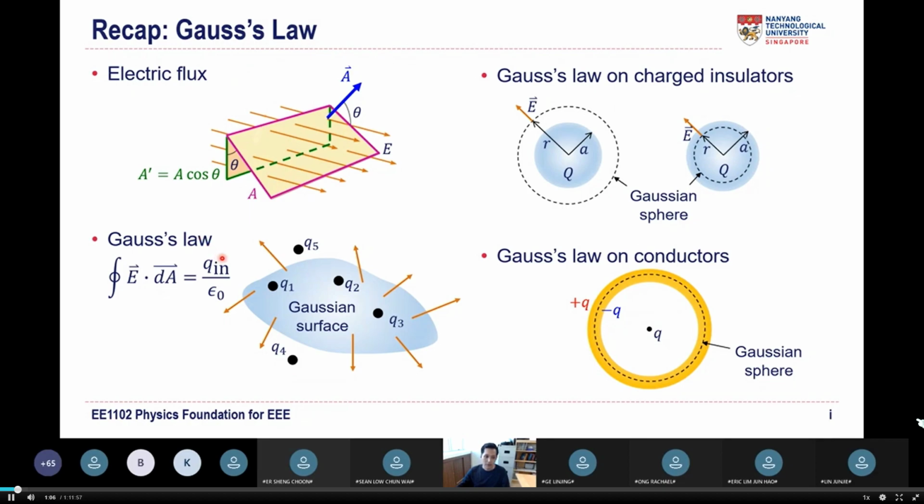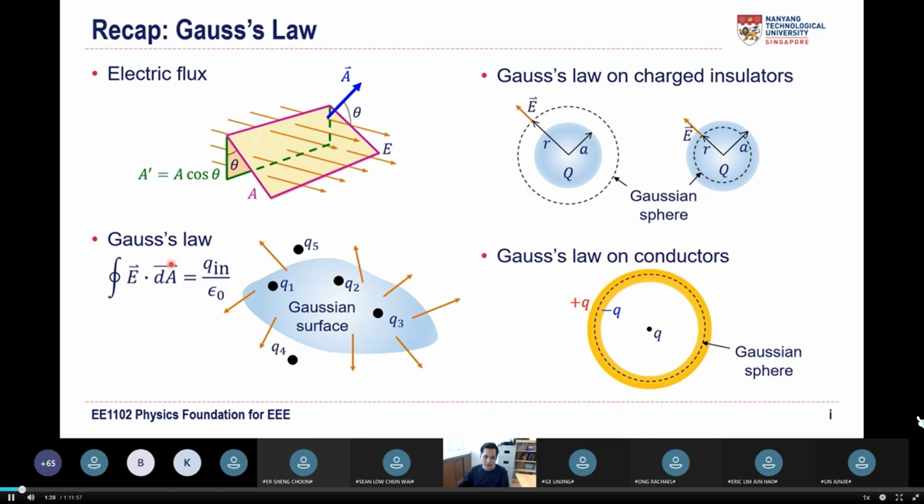Then we discussed Gauss's law. Before we talk about Gauss's law, we have to understand what a Gaussian surface is. Any closed surface, a surface that completely encloses a volume, is called a Gaussian surface.